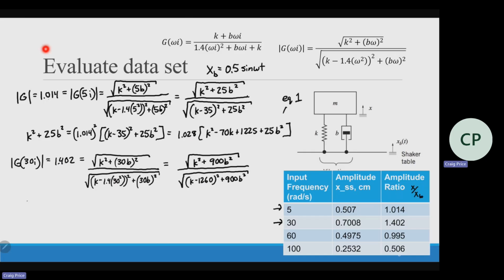So we can get to a second equation, which would be k squared plus 900b squared equals 1.4016 squared times k squared minus 2520k plus 1,587,600 plus 900 b squared.